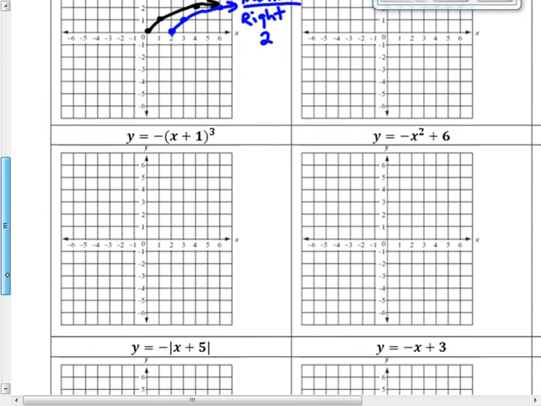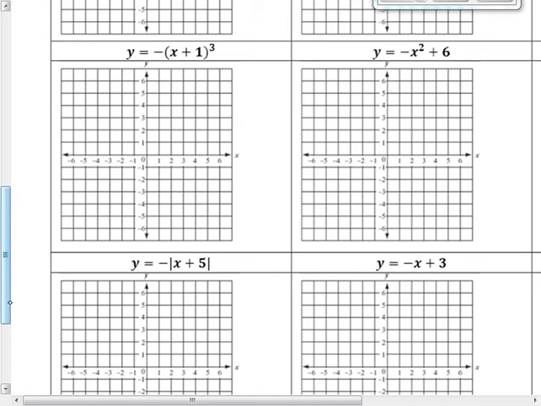There's a cubic one right next to us, but we're going to go down to the next one here. This cubic one, the parent function, again, is cubic. And cubic in general looks something like this. So I want to know, what is my transformation? My transformation is I put a negative out front, so that's reflected on the x-axis.